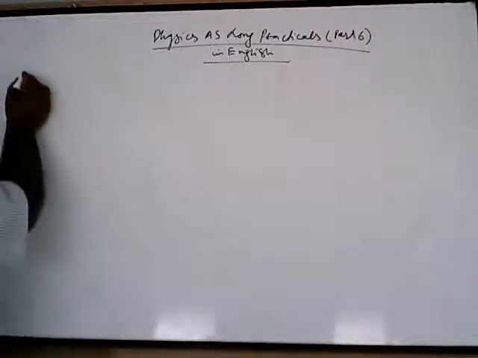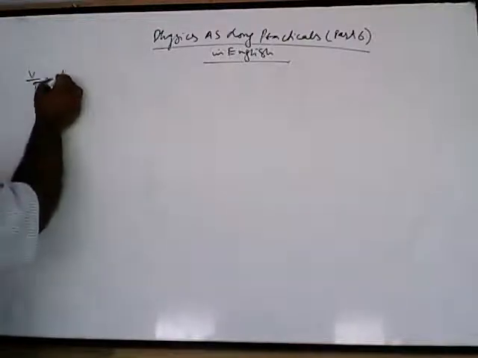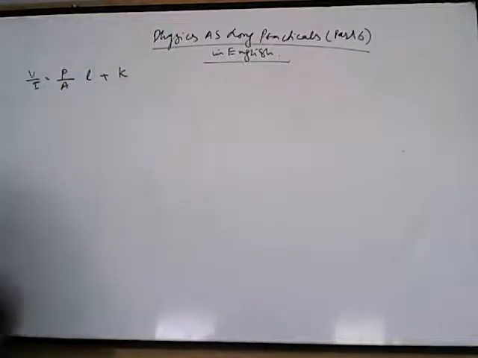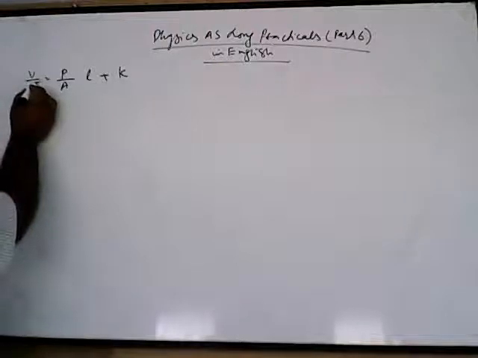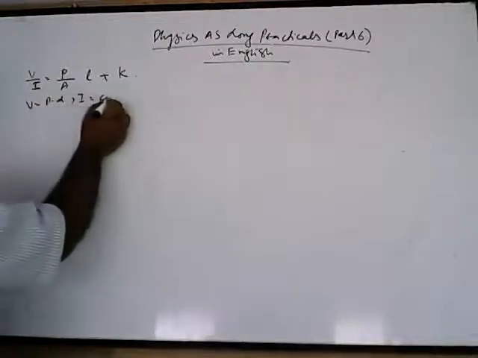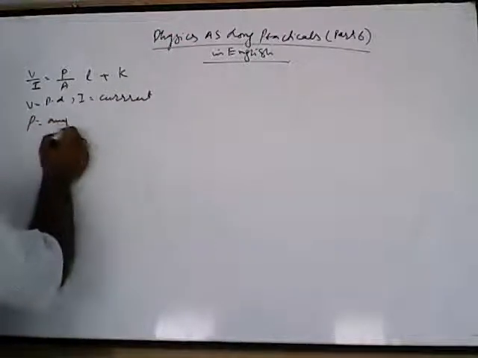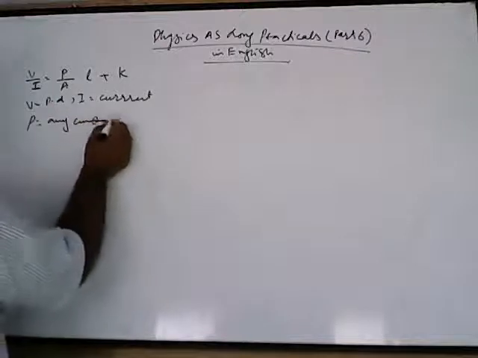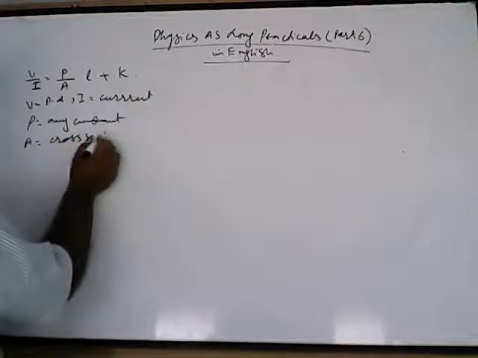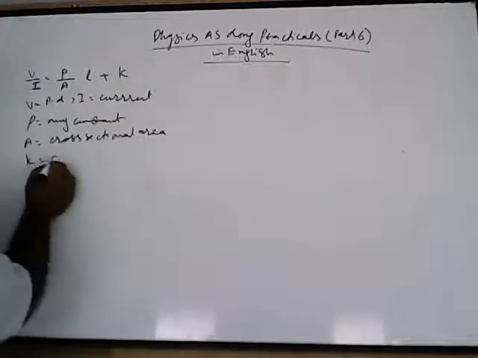Suppose I have been given this equation, V upon I is equal to rho upon A L plus K, where V is potential difference, I is current, rho is a constant, and you know it is the resistivity, A is the cross-sectional area, and K is any constant.